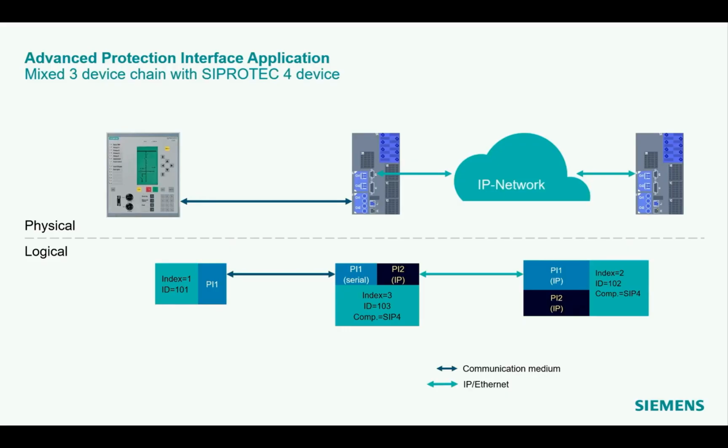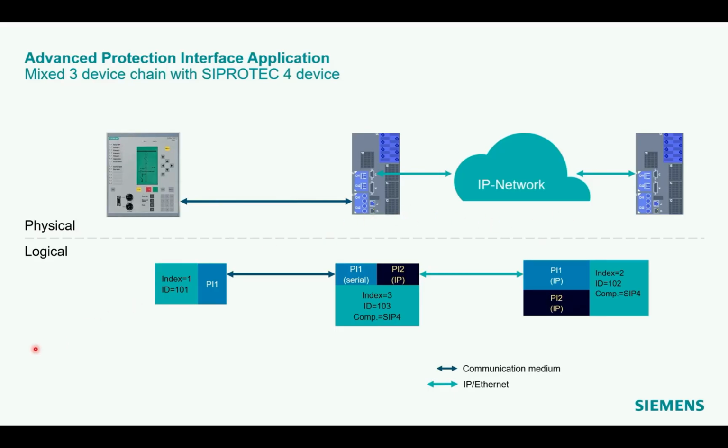The SIPROTEC 4 to SIPROTEC 4 communication uses a traditional communication path, and the SIPROTEC 5 devices use the new IP-based line differential protection. On the physical layer, this is expressed on the top of this slide. So this is a traditional path, and this is a new IP-based path.